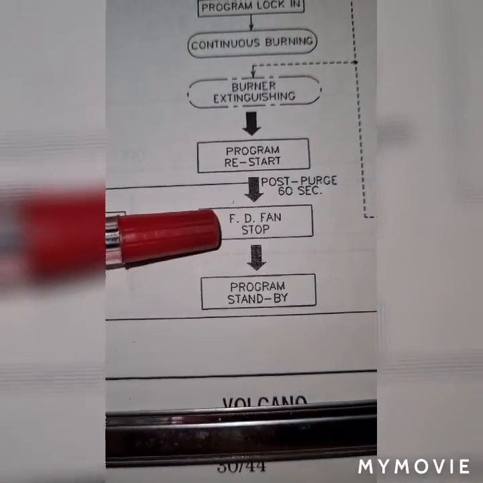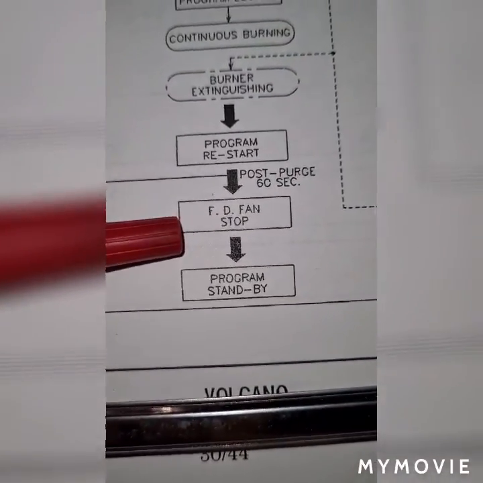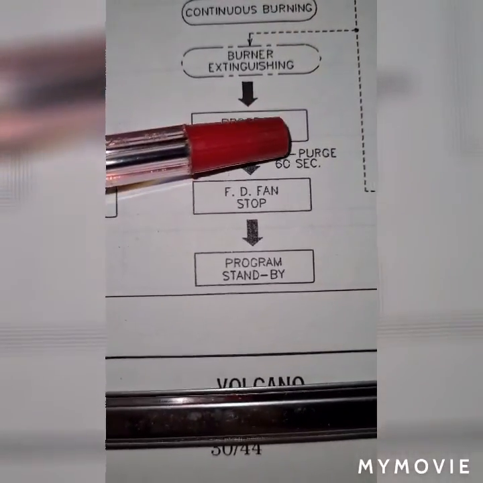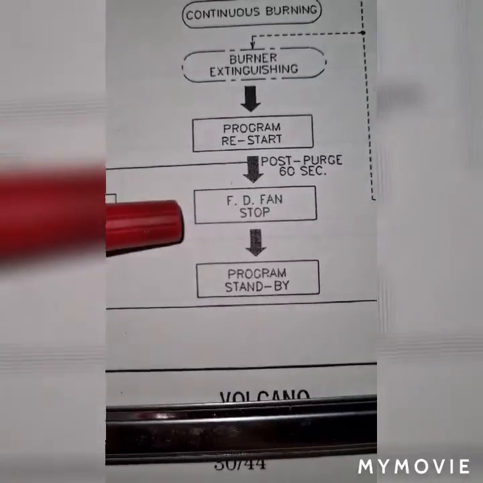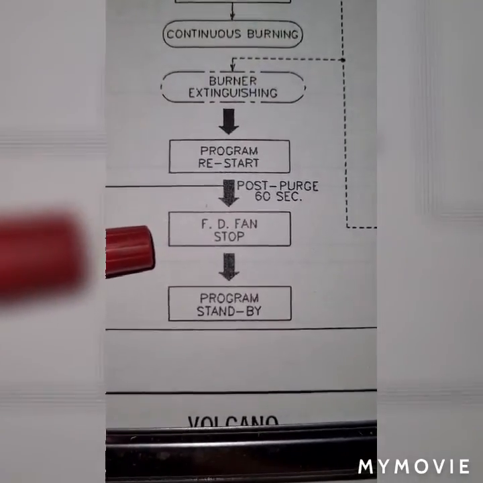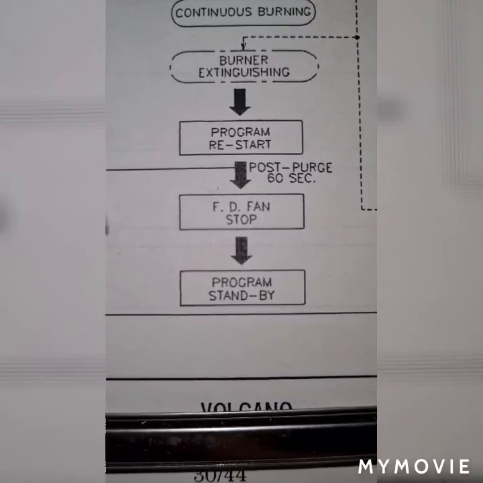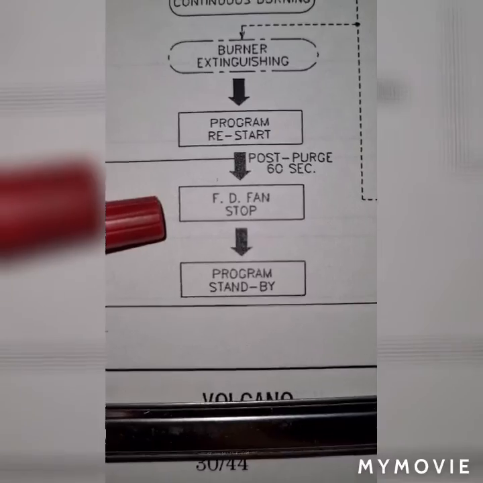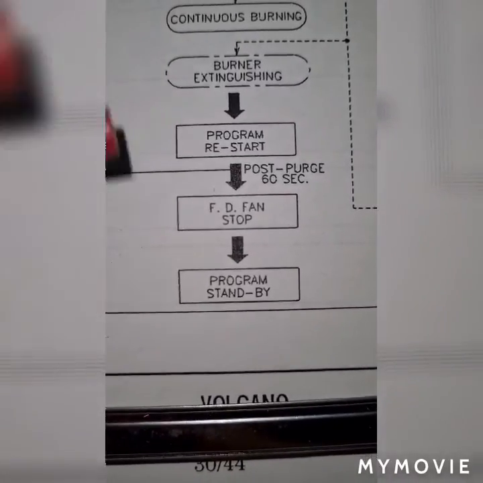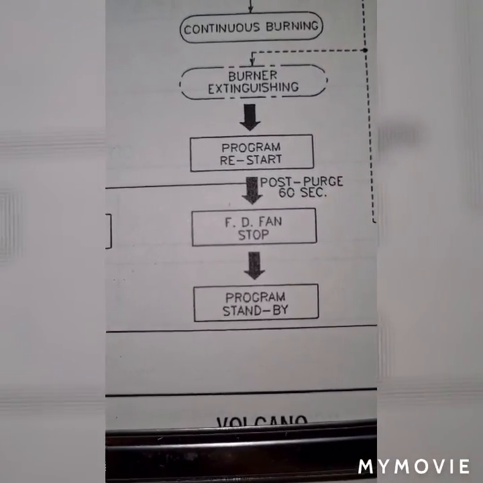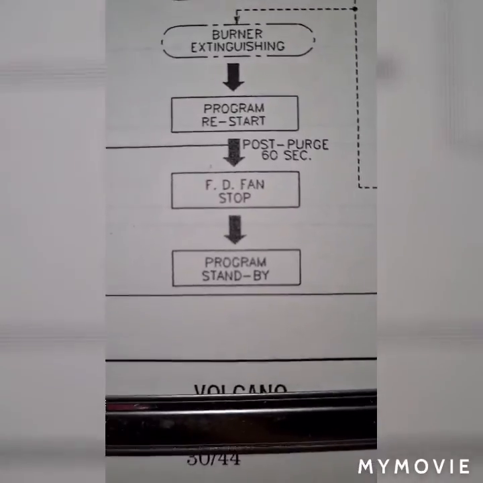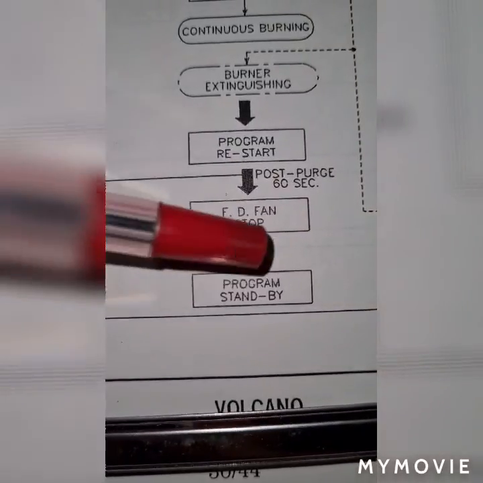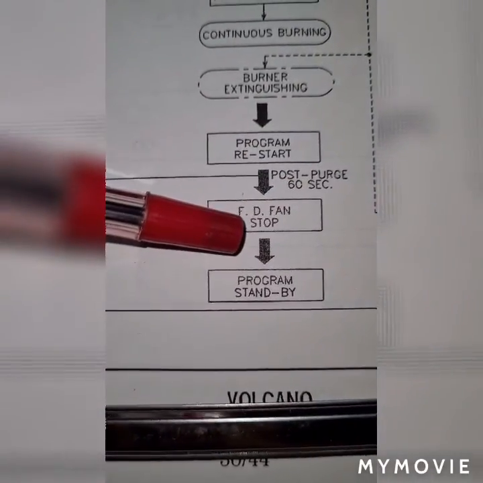The forced draft fan runs for 60 seconds, a cooling down and post-purging process, so that all the accumulated combustible or explosive gas inside of the burner will be thrown into the atmosphere, and then it will automatically stop itself.